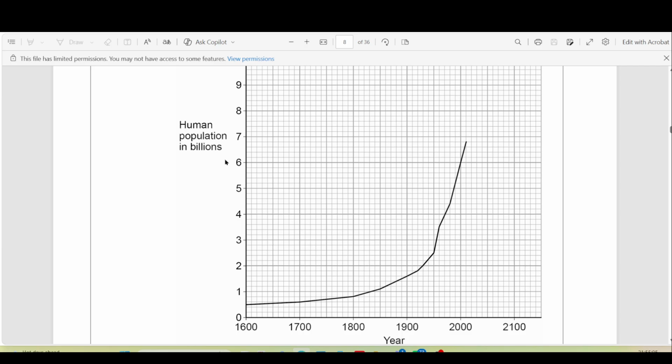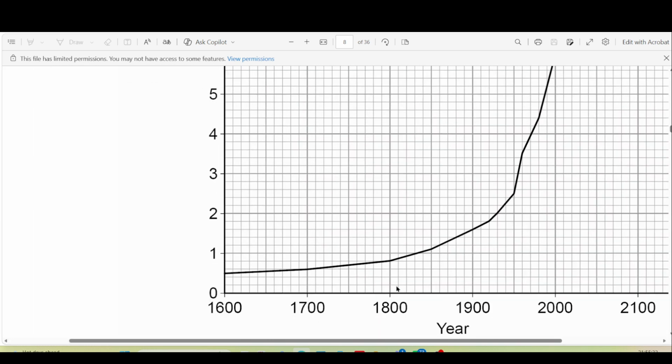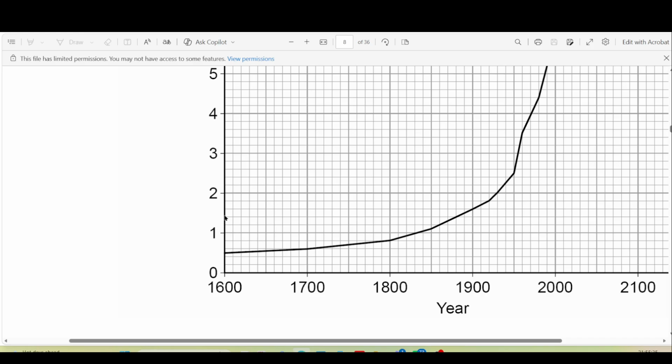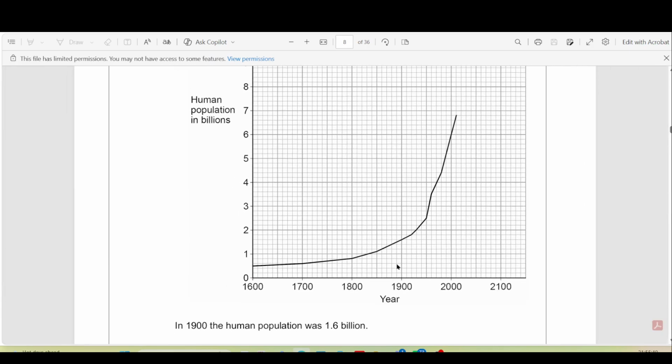And then in 1900, it is, one sec, 1.2, 1.4, 1.6, 1.8. 1.6, right? If you see carefully, 1.8 is this point, but this is 1.6. Okay, 1.6. So you have 6 billion and 1.6 billion.